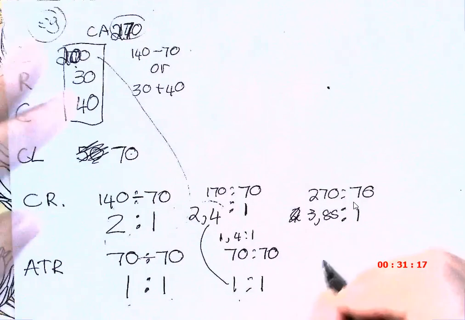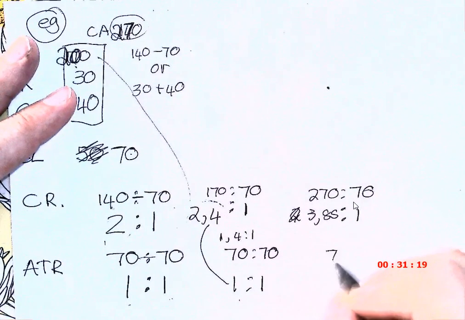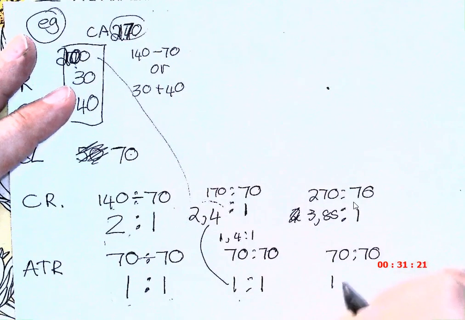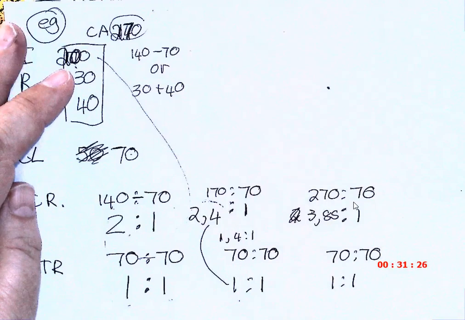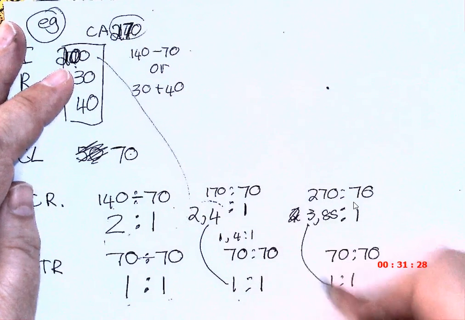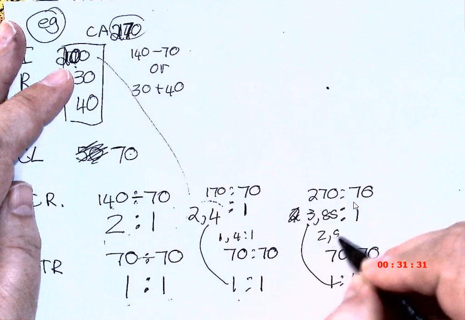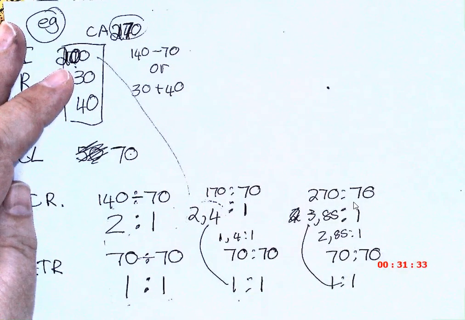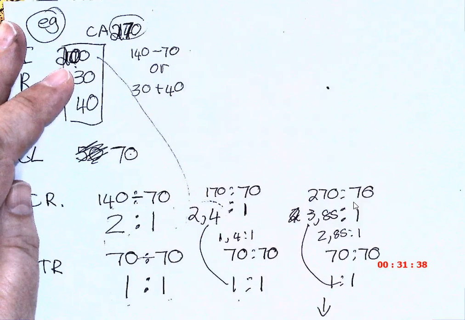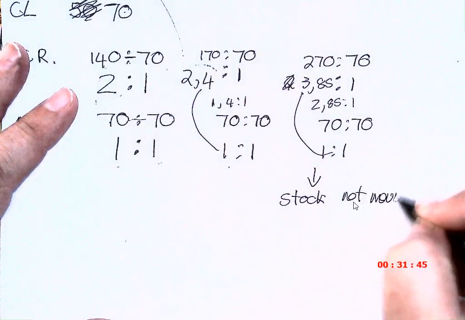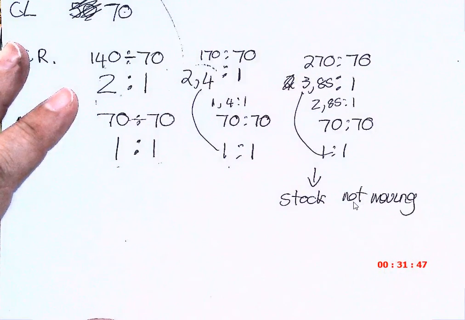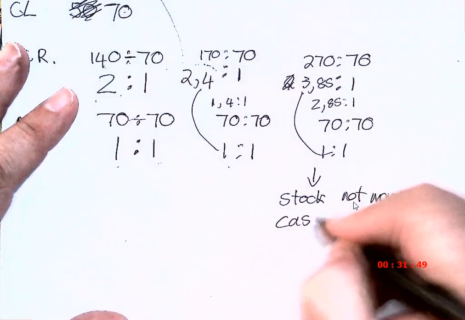My acid test is now still 1 to 1. Yes, I can pay my debt. But can you now see that 2 rand 85 is not working for me? Can you see here? You will say, stock not moving. Meaning it's not selling. You can say not moving, not selling. Cash tied up in stock.